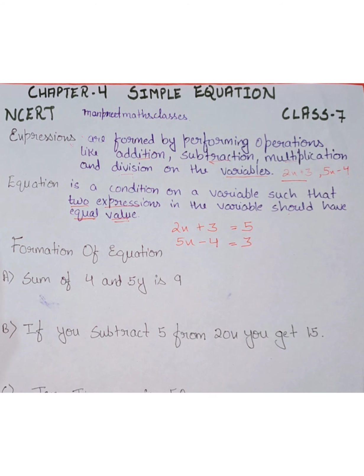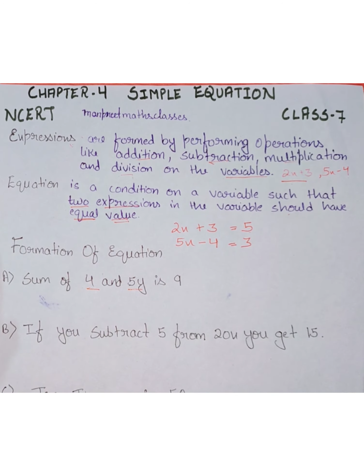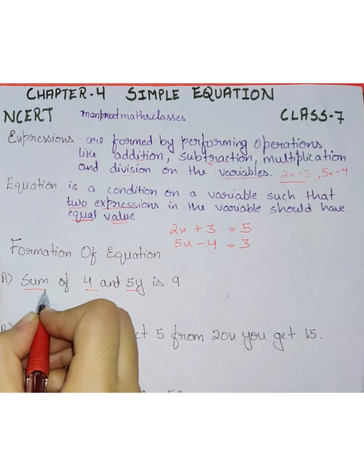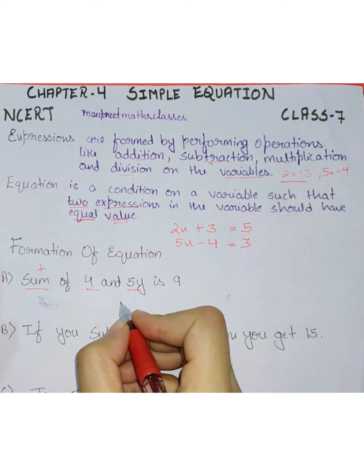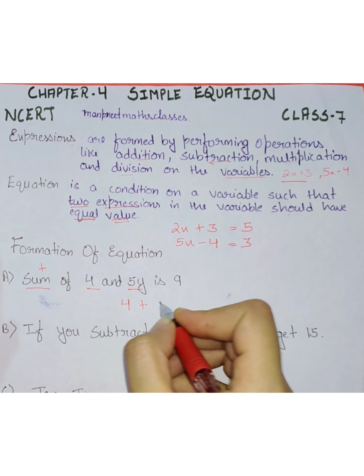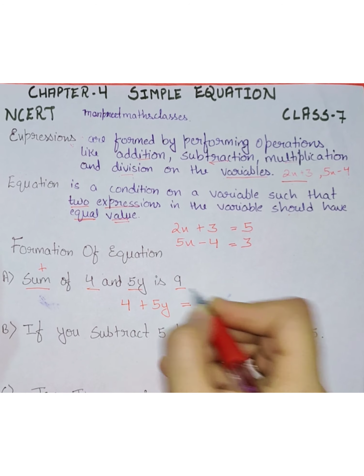How? See, your first part is: sum of 4 and 5y is 9. You know sum means addition, and of which two terms is it? 4 and 5y. So 4 plus 5y is equal to what?